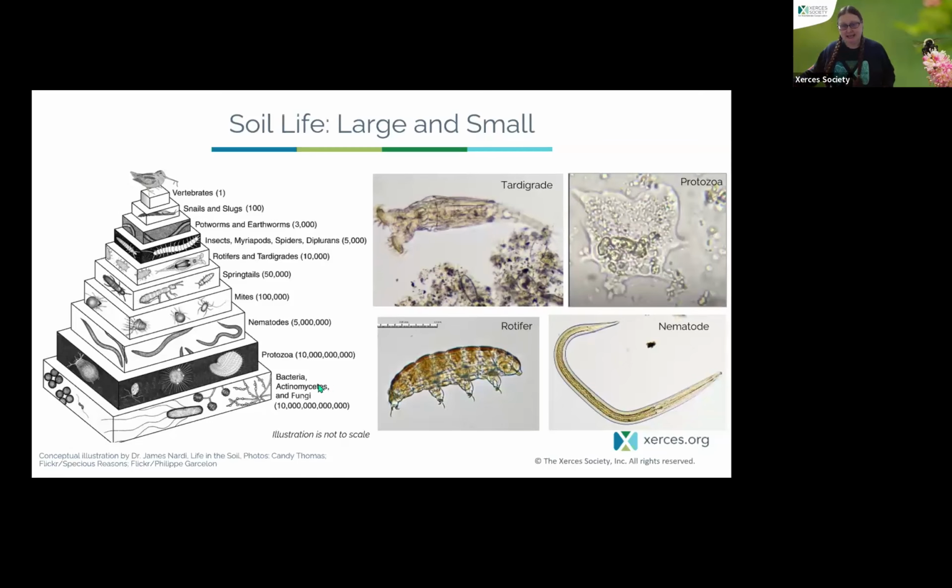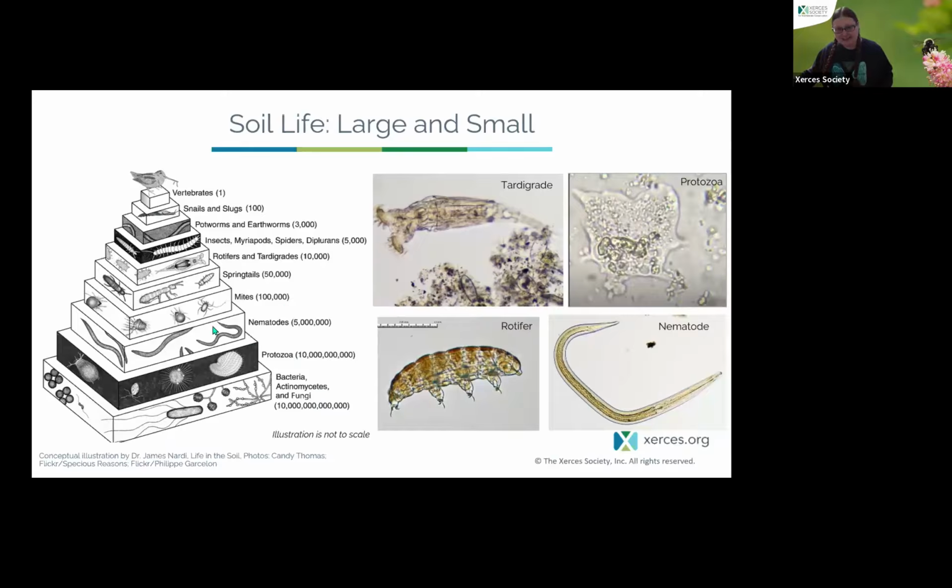So here you could just see a little pyramid. A lot of times soil organisms are categorized by their size. So we have these microscopic organisms, bacteria and fungi, nematodes.